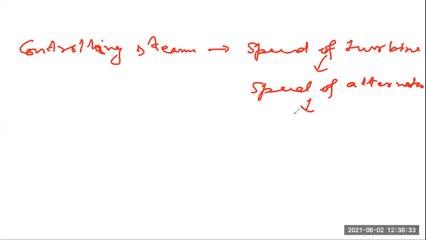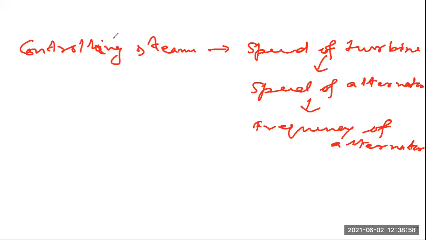So if the speed of the alternator is controlled, you can control the frequency of the alternator. Yes or no? Because they are coupled. This particular thing, have you understood? Yes or no? Sir, repeat again, sir.